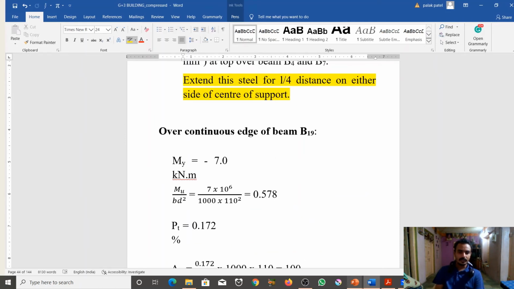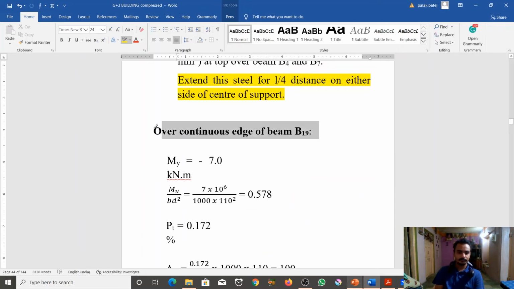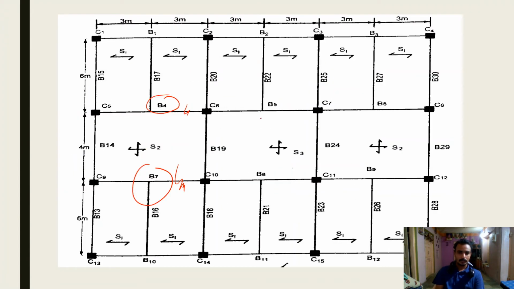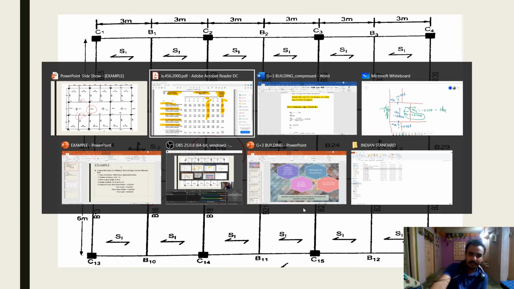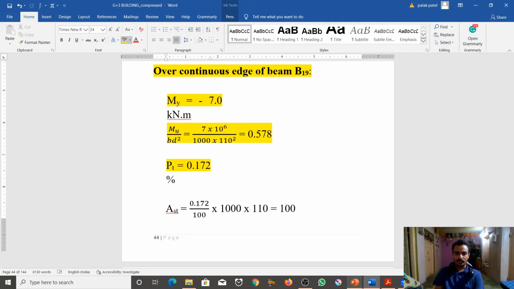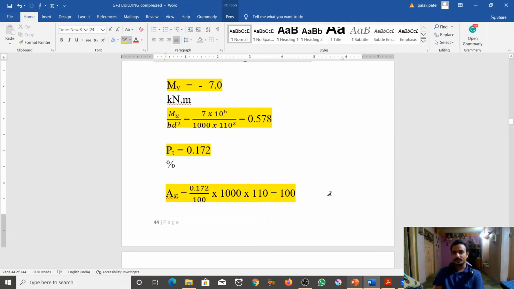And next, over the continuous edge of beam B9, where B4 and B7 design is completed, we have to design B9. For B9 we have to use My negative, My minus 0.7. So Mu upon bd square is 0.578, pt 0.172, Ast is 0.172 divided by 100 into 1000 into 110.